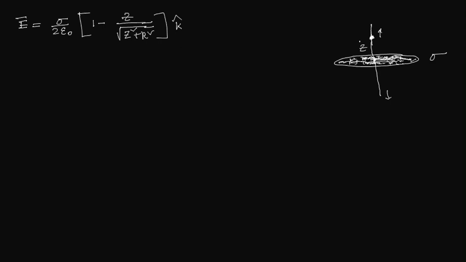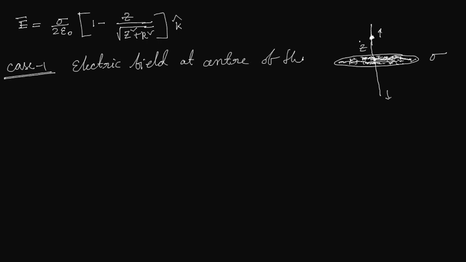So if you put a point just above the loop, then the electric field will be plus k cap, and below the loop it will be minus k cap. And what we have to do is put the value of z equals 0. Of z equals 0, then what will we get? So case 1, electric field at the center of the loop.